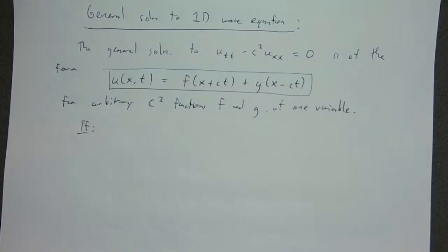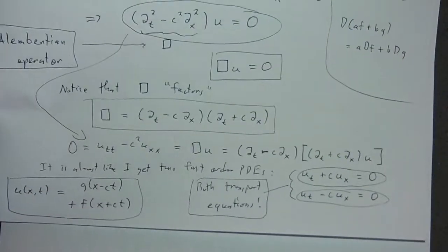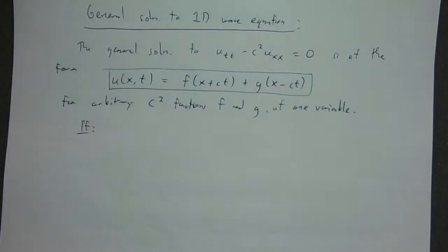To prove this, we can use a change of variables. The change of variables is nice because it's suggested by our factoring. Here was how we factored it. This factoring actually tells us what the change of variables should be to rewrite the PDE. We're going to do that trick of notation that I mentioned on the first or second day of class when it comes to changing the variables and rewriting them as a function of those same variables.